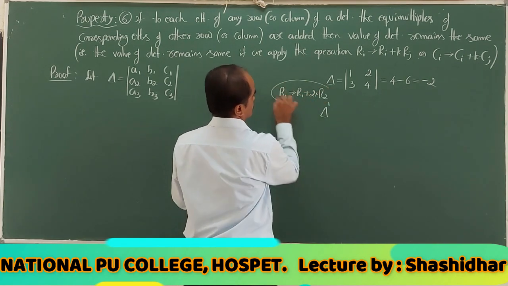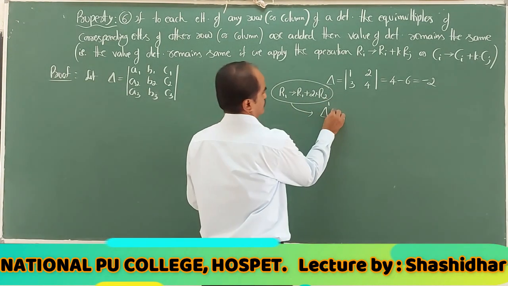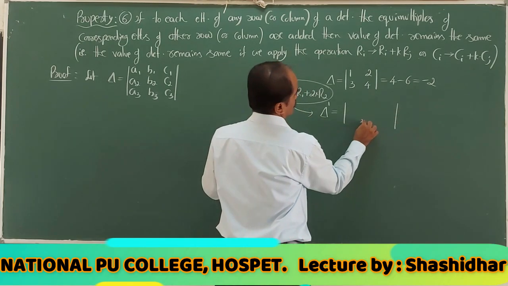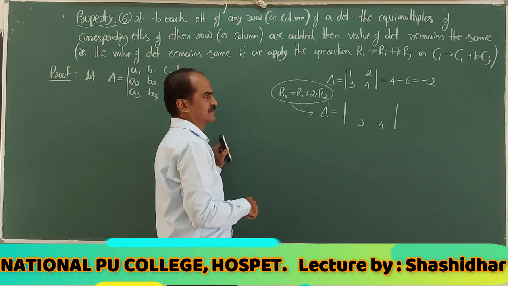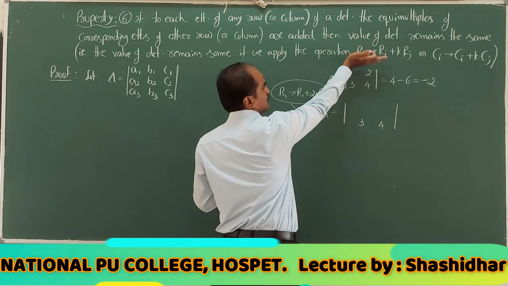I am applying this. After applying, I write it as delta dash. I am not changing R2, so write the R2 elements as they are. How are you changing the R1 elements? First multiply the second row elements by 2, adding it to R1.